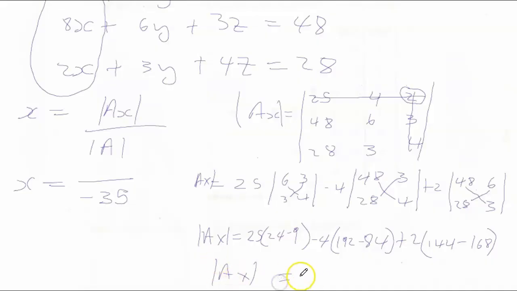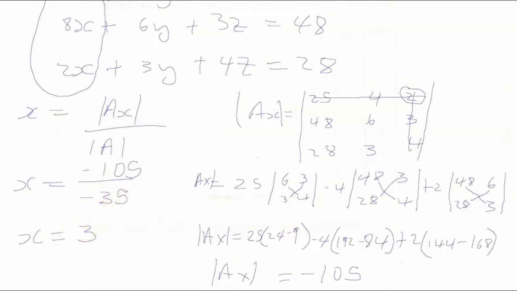Let's put everything in our calculator, and we get negative 105. So the determinant of AX is negative 105, and earlier we found the determinant of A to be negative 35. So X will be divided through, we get positive 3.